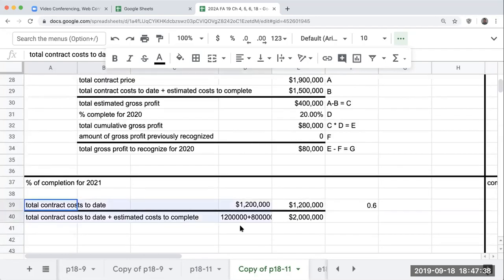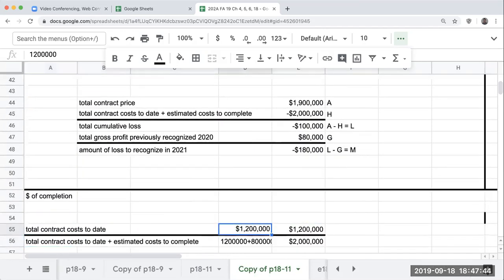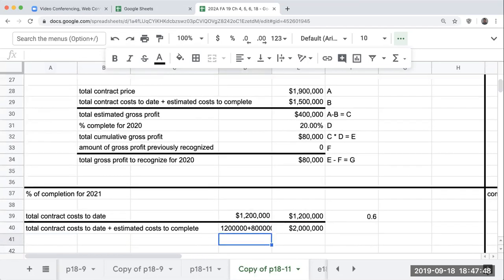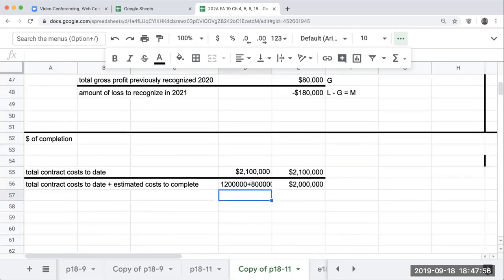My total contract cost to date is going to be 2.1 million. My total contract costs here are 2.1 million for 2022. And my estimated cost to complete the contract are 0. So right over here, I'm at 100% completion.